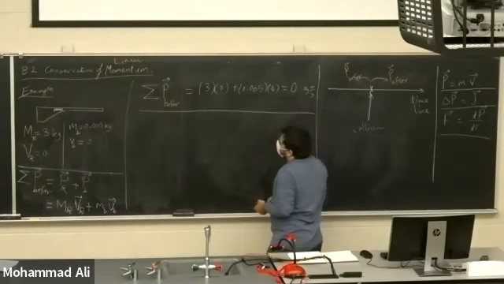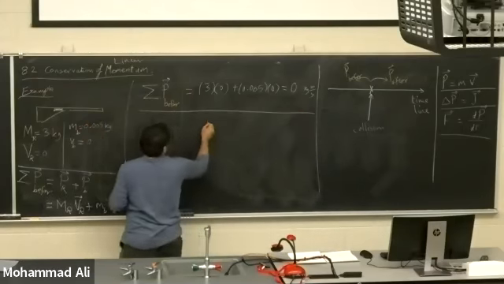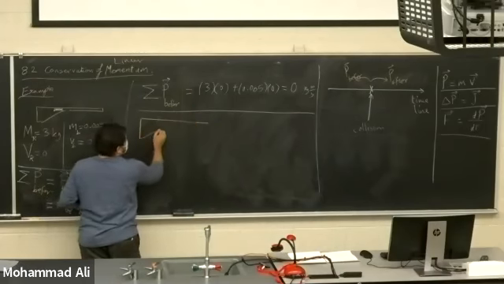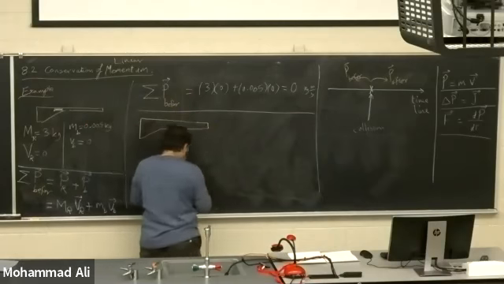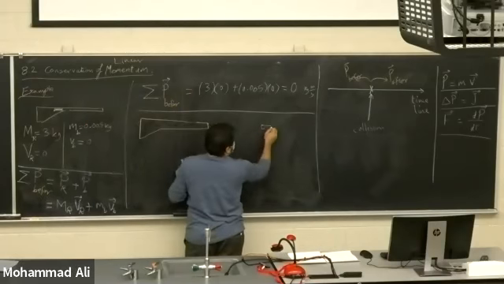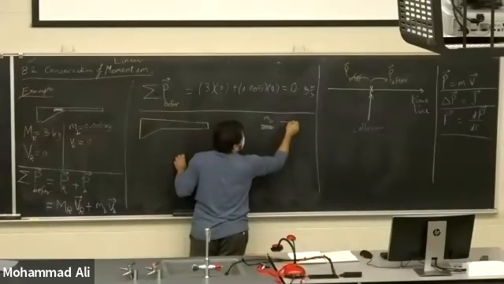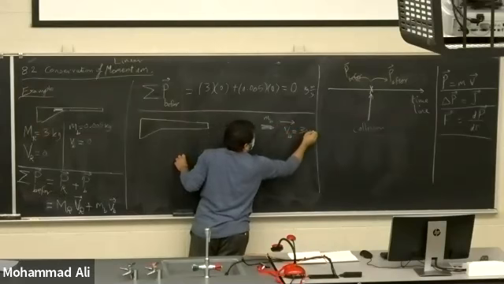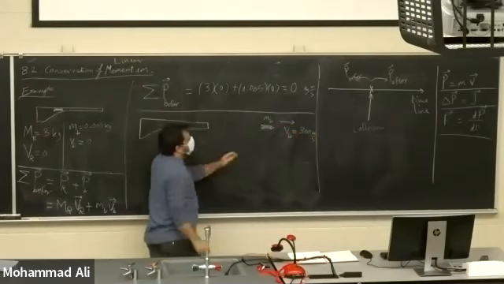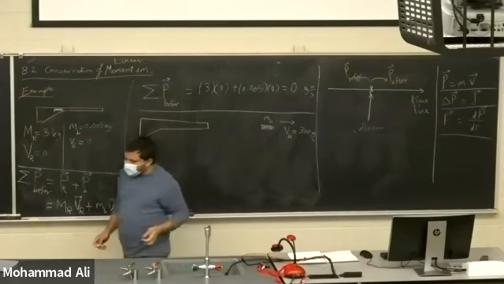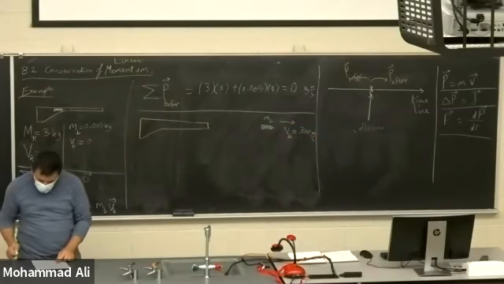Okay, after shooting, we have a velocity for the bullet, 300, I think, meters per second in the i direction.